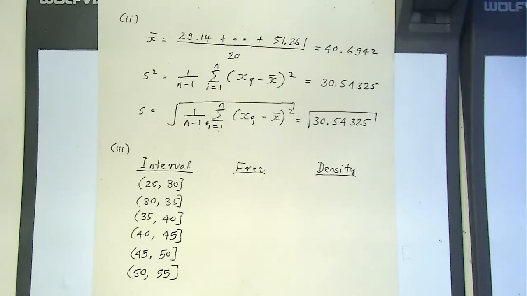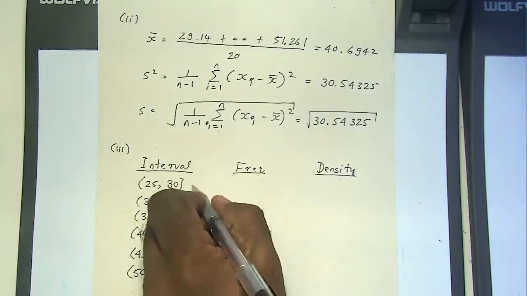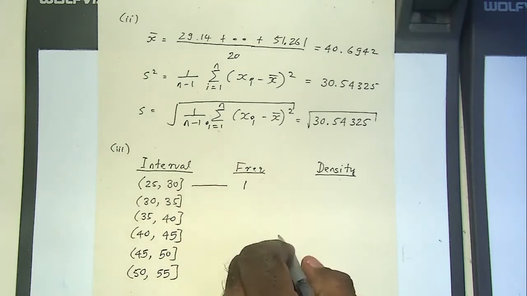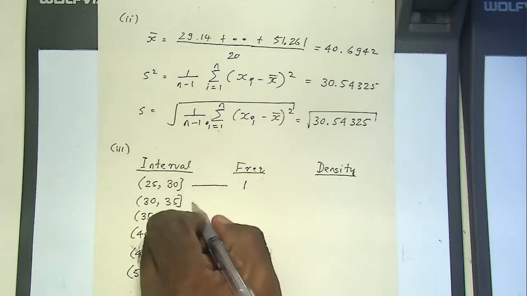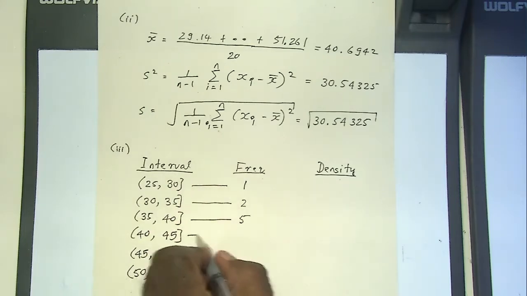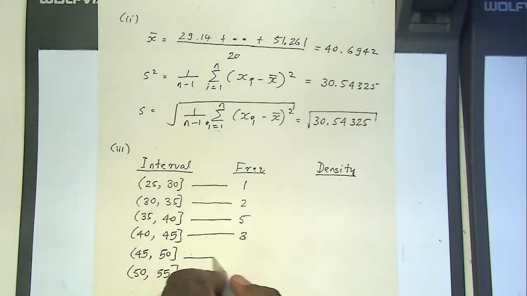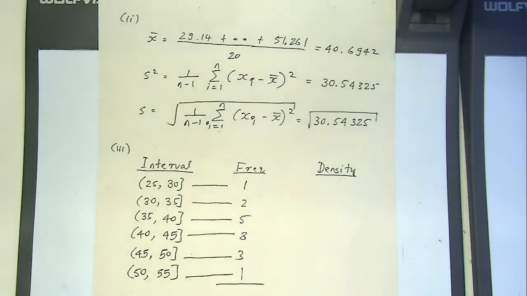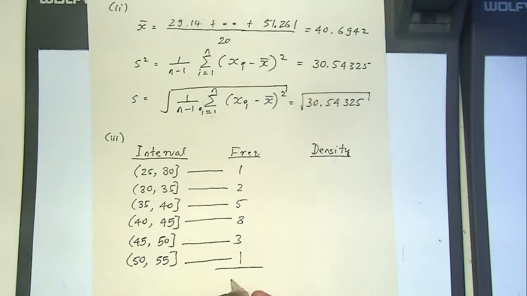Then for each interval you count how many of the data fall in it. For the first interval there is only one data point. Second, there are 2. The third, there are 5. For the fourth, there are 8. And the frequency should add up to the total number of data points, which is 20. So all these numbers should add up to 20, as they should.